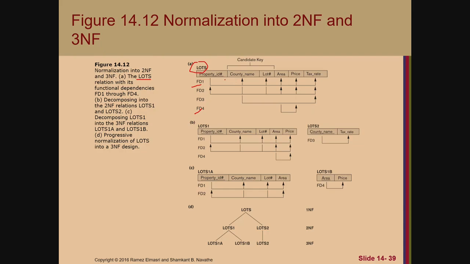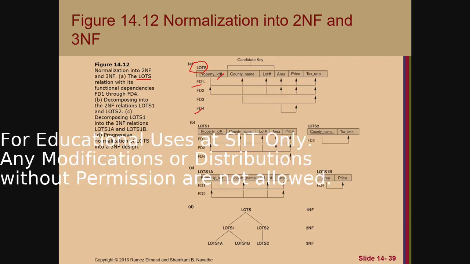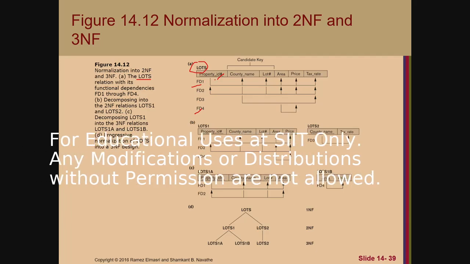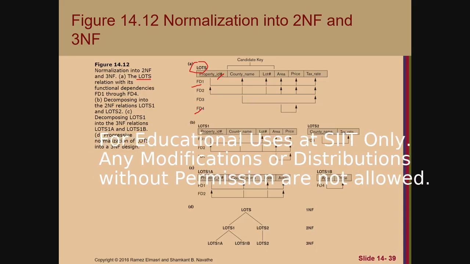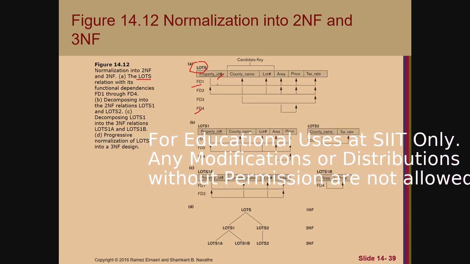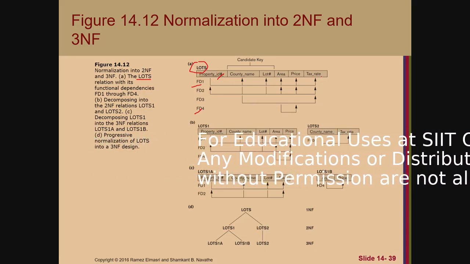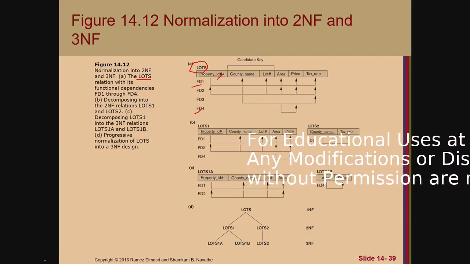Which one? Property ID is a key. Why is it a key? As we can see from functional dependency number 1, property ID can determine the remaining attributes, all of them.